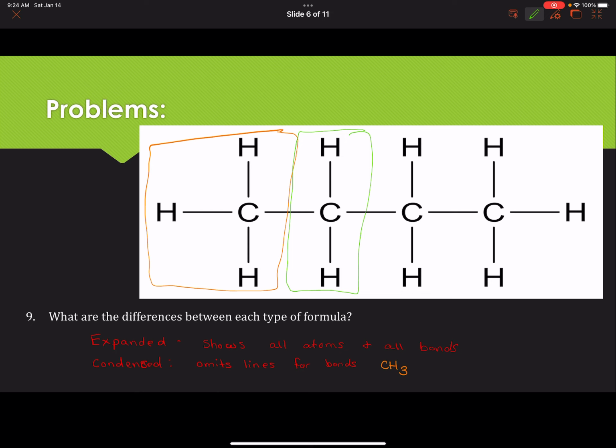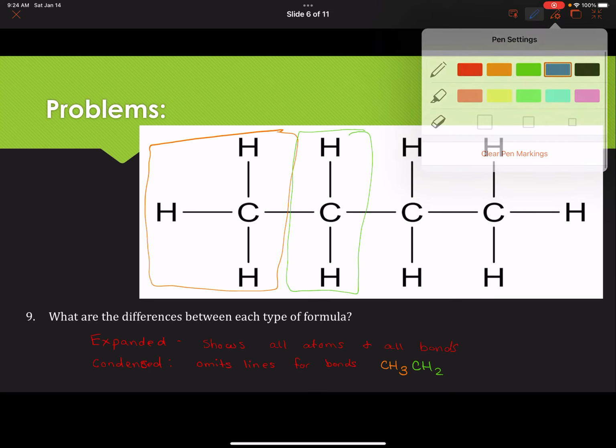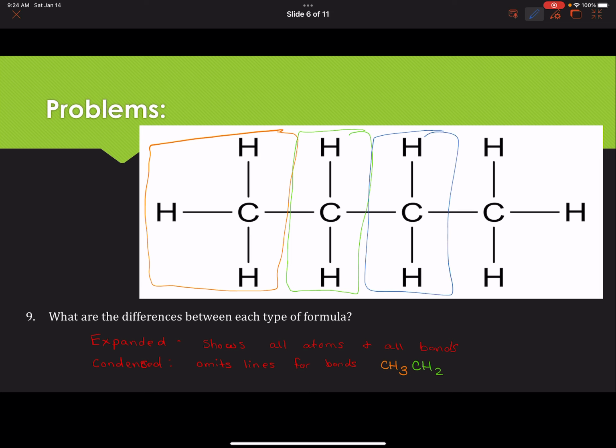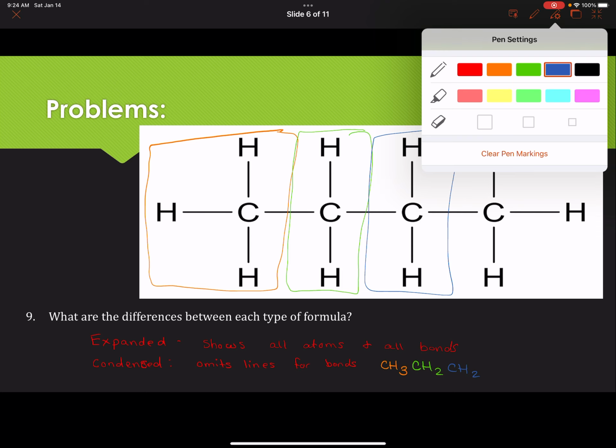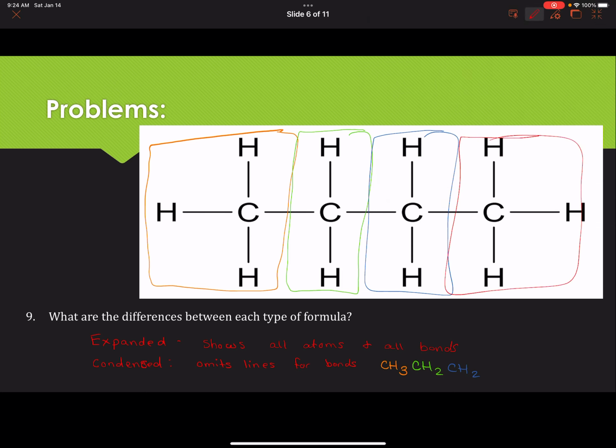This next grouping, I've got one carbon and two hydrogens, so we would have a CH2. CH2. And then CH3. So in that condensed formula, it tells us the same information. We know we've got these 4 carbons. We know we've got our number of hydrogens. It's showing us they're all connected in a row. So it's giving us the same information. It's just condensing it. It's omitting our lines.